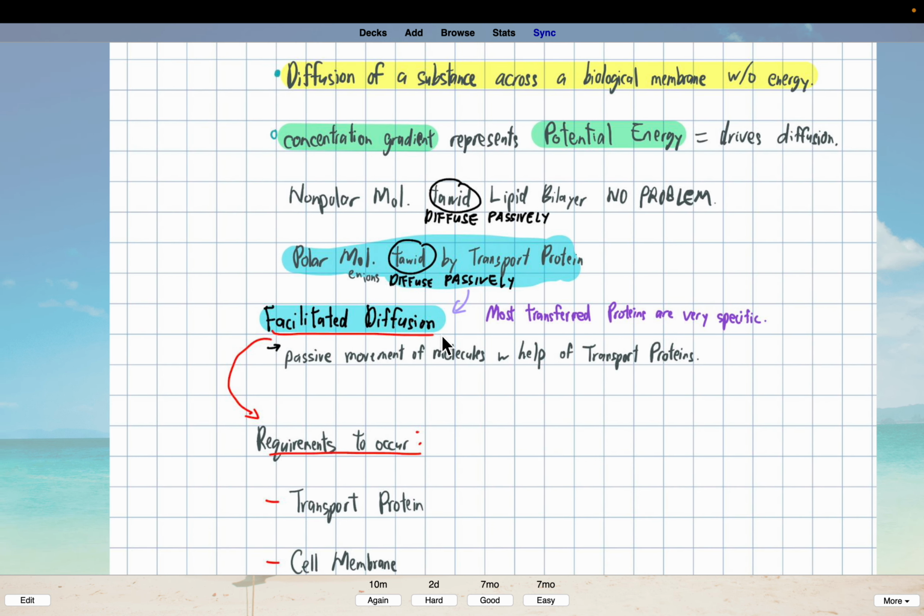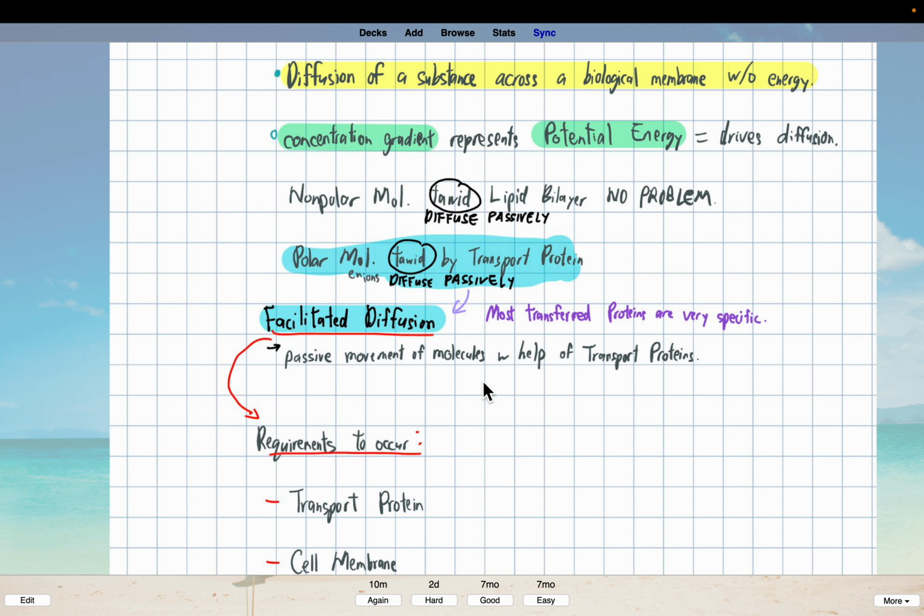Facilitated diffusion. That's what it's called for the diffusion of water molecules, because again, to reiterate, water is polar. So what is facilitated diffusion?